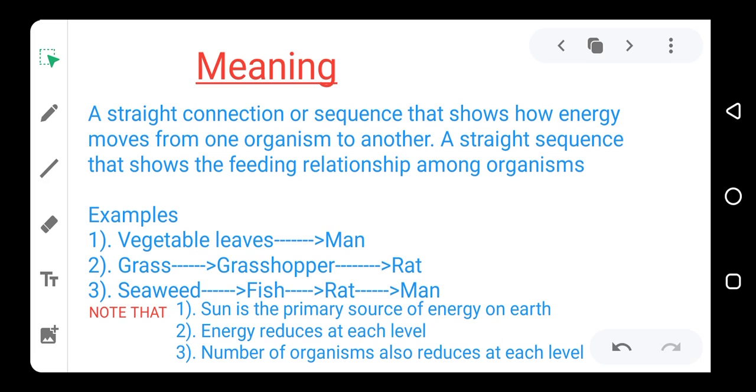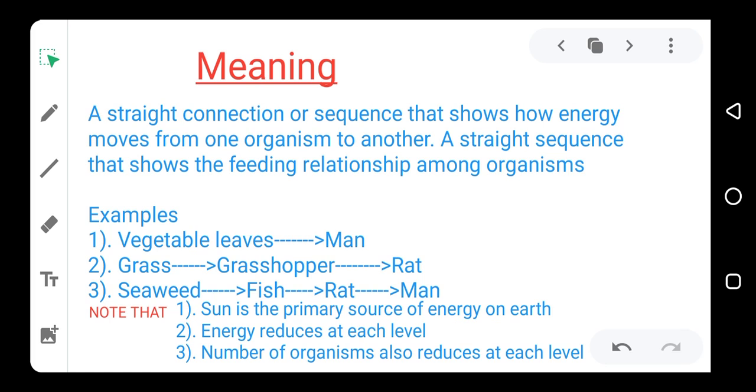We find food chains where the organisms living there have to feed, have to relate to each other to eat. In the sea, or in the aquatic ecosystem, we see seaweed, a weed that is growing inside the ocean. Certain fish will eat the seaweed, and when we catch the fish, a rat may take the fish we caught and eat it, and maybe man will catch the rat and eat the rat.